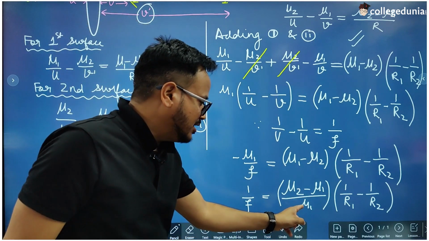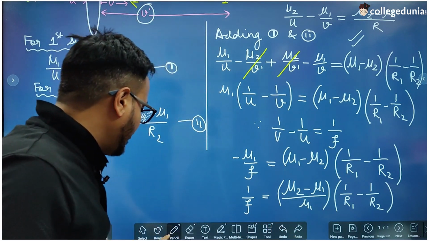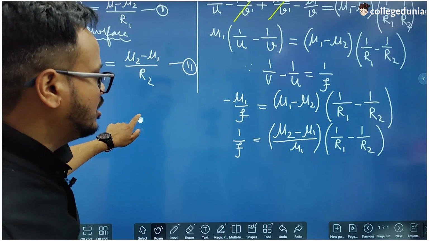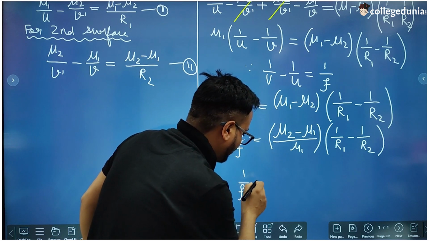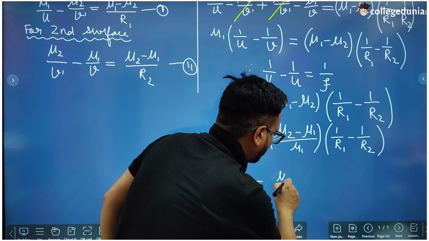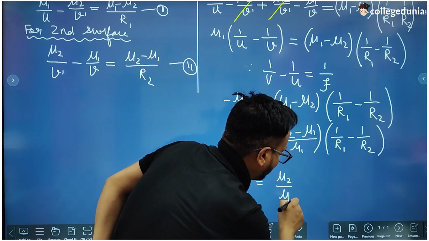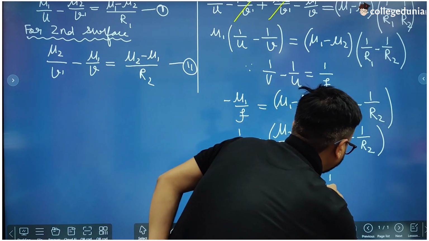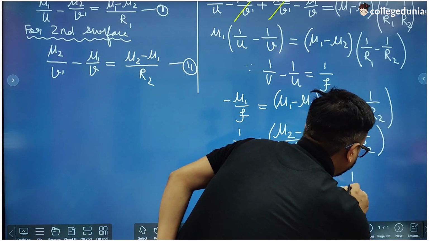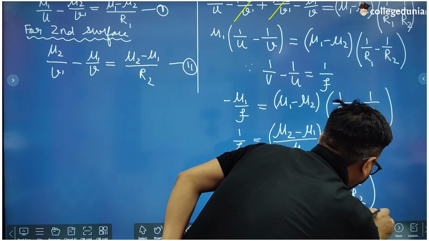Now if you separate this and take mu1 in the denominator of both the terms, you will get something called the Lensmaker's formula. This becomes mu2 by mu1 minus 1 into 1 by r1 minus 1 by r2.